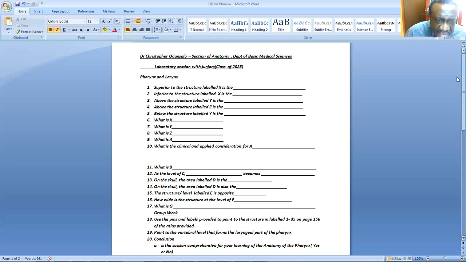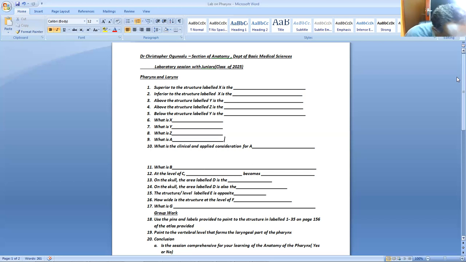And the next clinical consideration is that when you try to use instrument to take out the foreign body, you might damage the nerve, which is beneath the mucous membrane, and this nerve is called the internal laryngeal nerve, leading to anesthesia of the region. And I want to say to you, congratulations. You know question number 1 to 10.